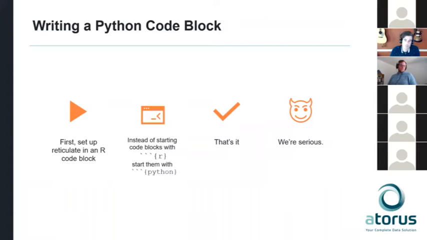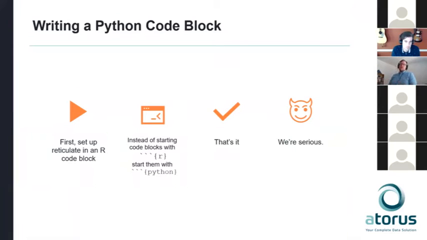So it's really easy to do this stuff in Python and R. First, of course, you have to set up Reticulate. How else is it going to know where it's looking? Reticulate needs to know what it's looking for. And then this is for Markdown. In Markdown, if you're starting a code block for R, you do the three backticks and then R. You just change it to Python if you want to do Python, and that's it.